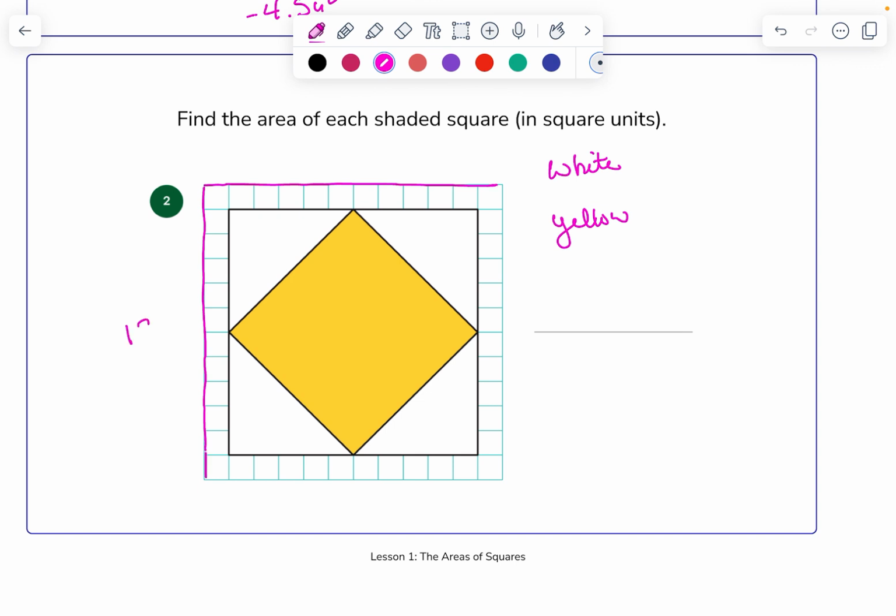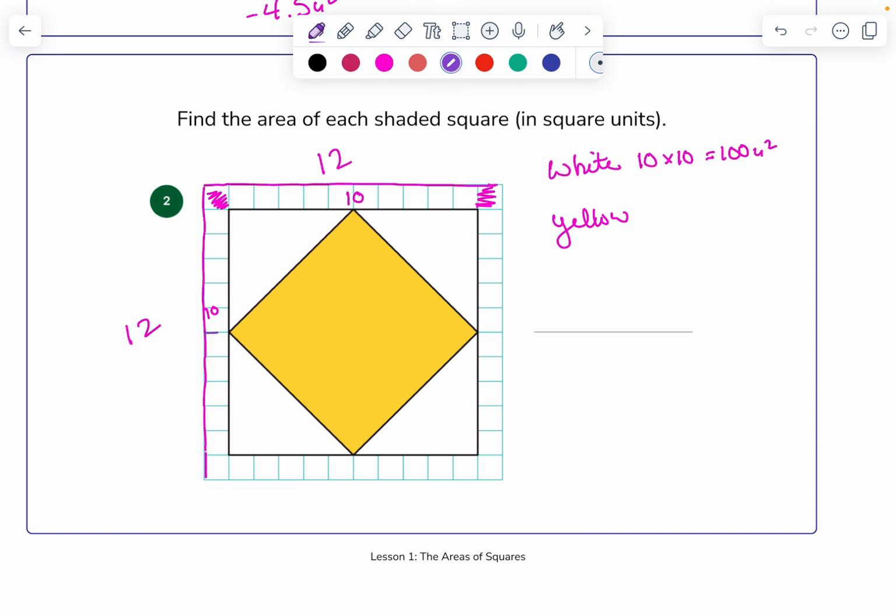And you should have gotten a 12 by 12 on the grid. If we take away these two sides, we can see our 10 by 10, which is 100 units squared of the white.